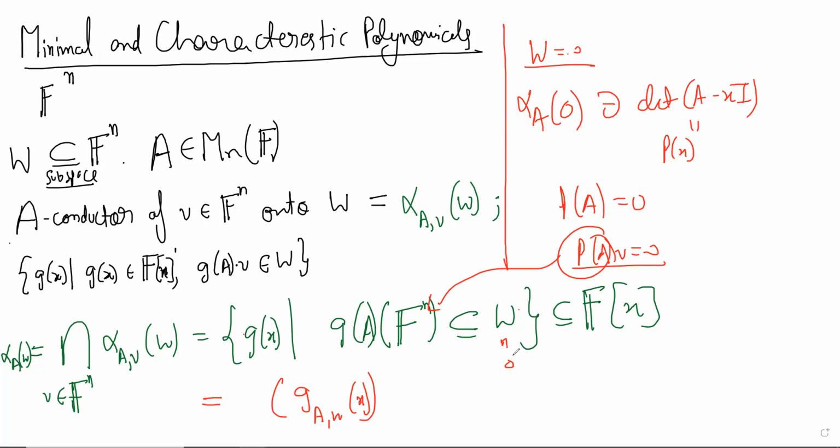When you put w equal to 0, we are just looking at those polynomials which completely take the vector space to 0. And that collection of polynomials forms an ideal, and the characteristic polynomial is in the ideal, right? The characteristic polynomial kills; that's the Cayley-Hamilton theorem.